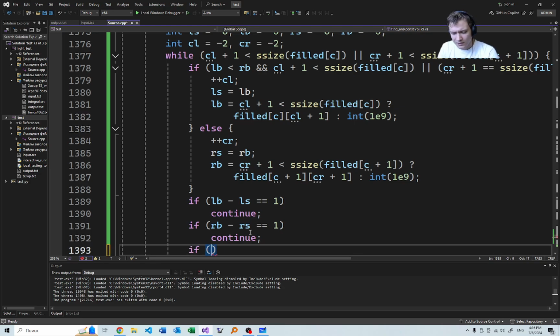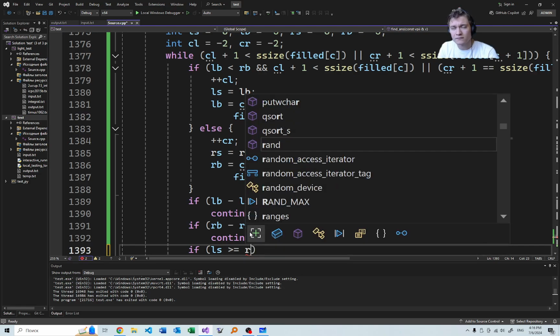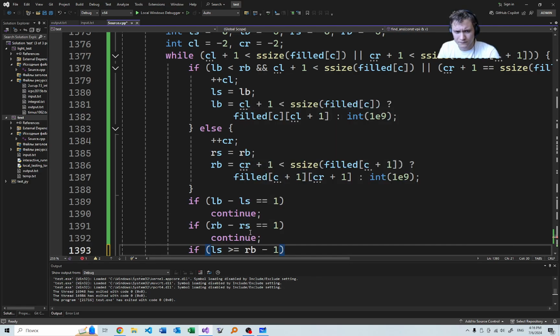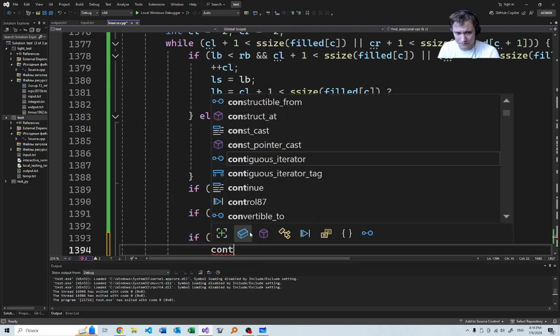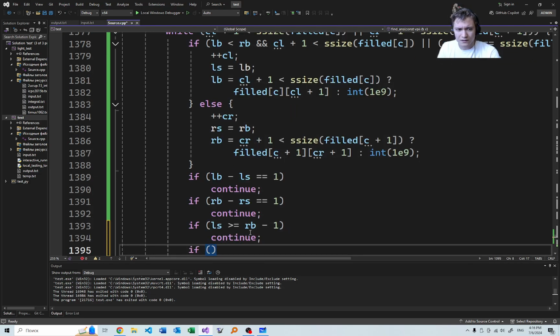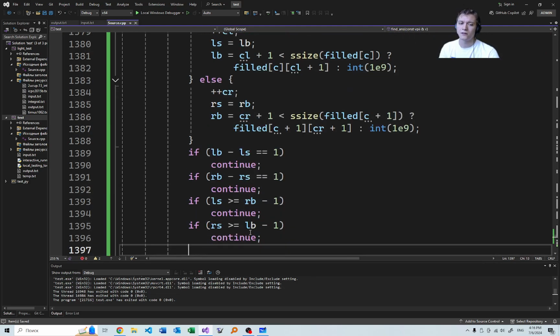So if left small turned out to be at least right B minus 1, we continue. And if right small is at least L big minus 1, we also continue. Otherwise these segments definitely intersect. If we avoided all of this, they definitely intersect.